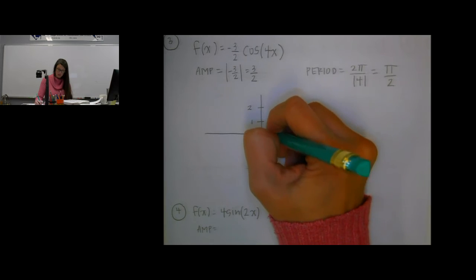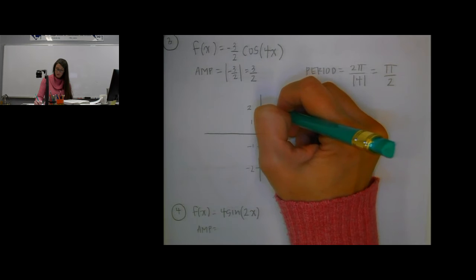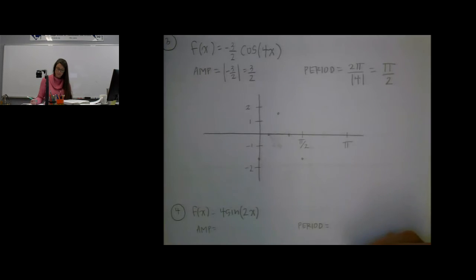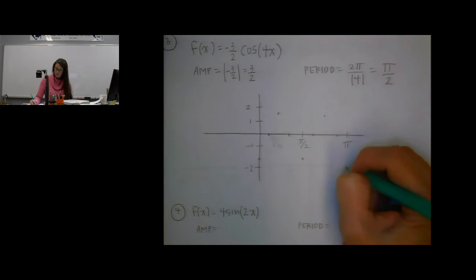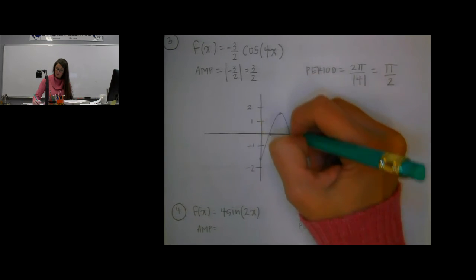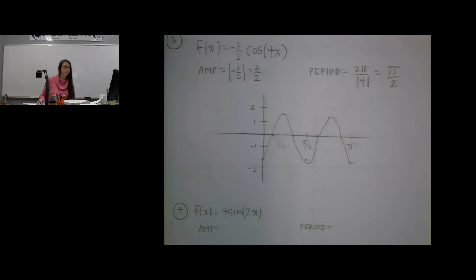So this is going to go up to a 0 here, up, down, and then pi. Up, up, down. So there is your cosine wave here. It's kind of crazy.